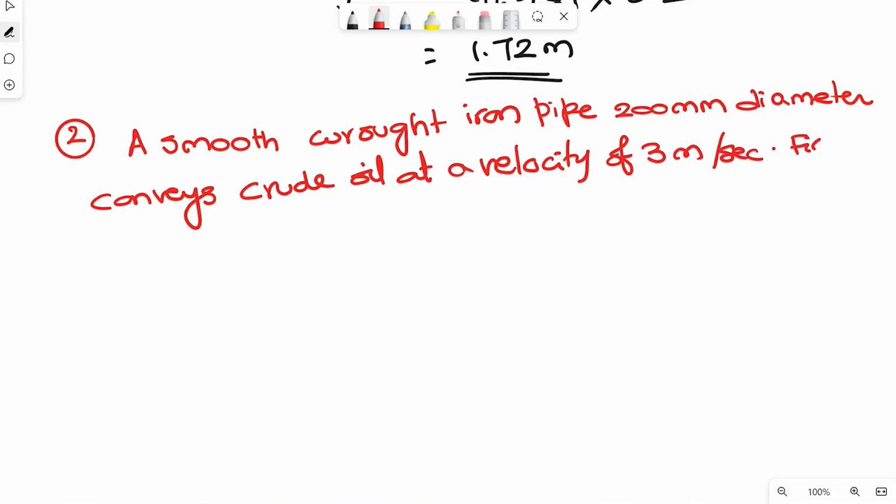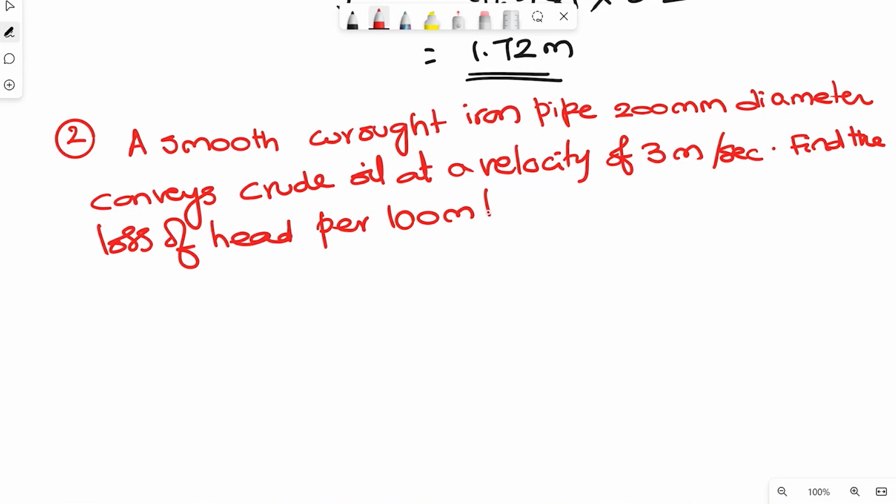Find the loss of head per 100 meters length of pipe.